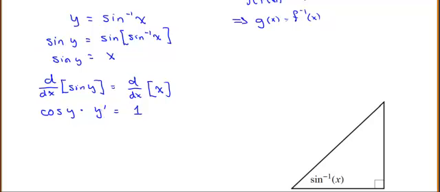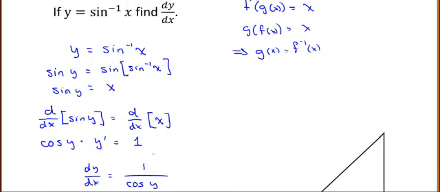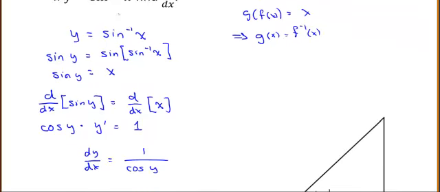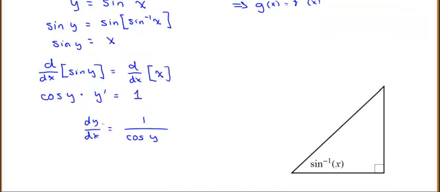Well, we're looking for the derivative of y. We're looking for dy/dx, which is the same, of course, as y prime, and that is 1 over the cosine of y. Now this is kind of a strange situation. We started out with y being a function of x, and we've found dy/dx, but now we have a function of y.